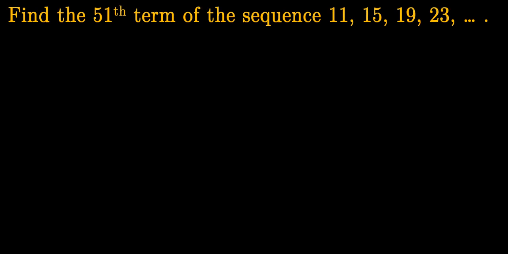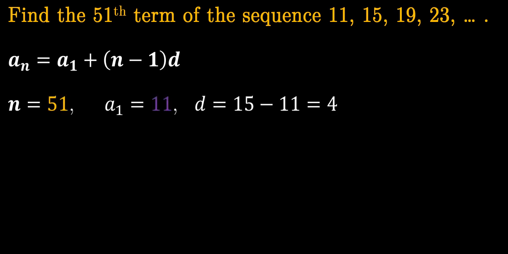Find the 51st term of the sequence 11, 15, 19, 23. This is an arithmetic sequence, so let's find the needed values. Our n is 51 because we are looking for the 51st term. Our first term, a sub 1, is 11. And our d, we just subtract 15 minus 11, equals 4.